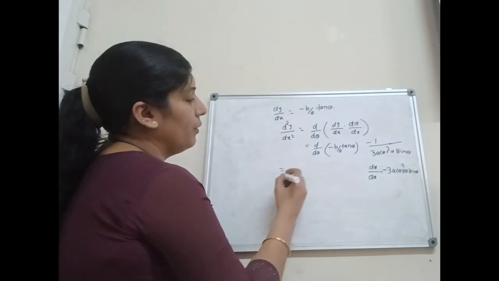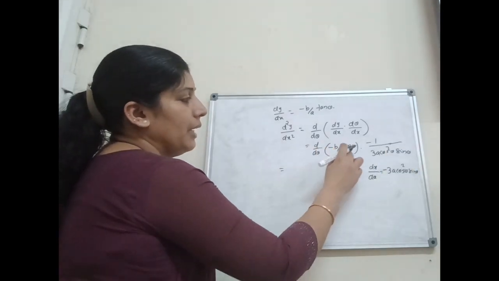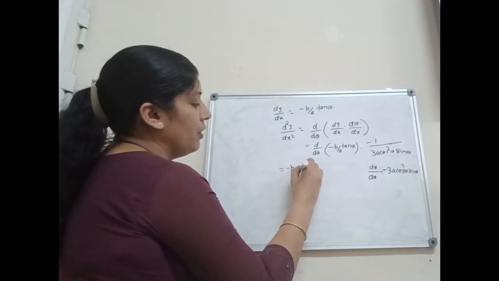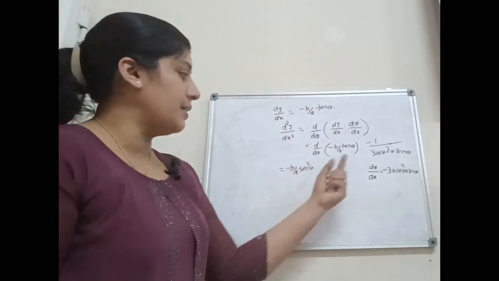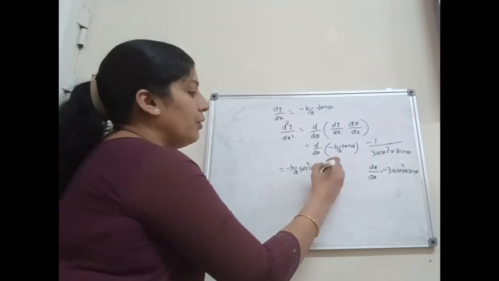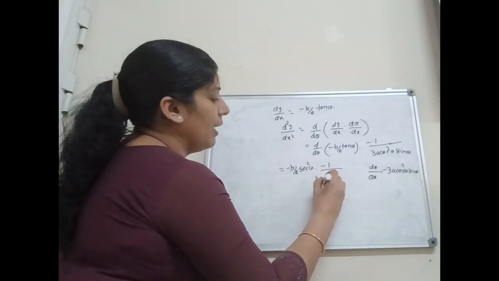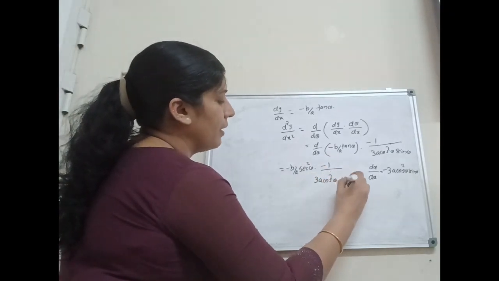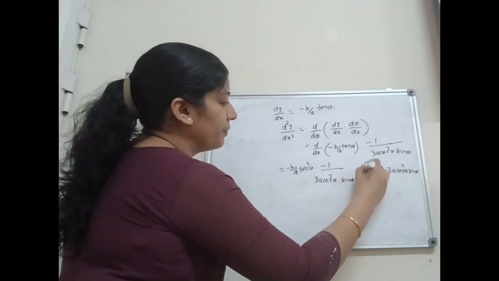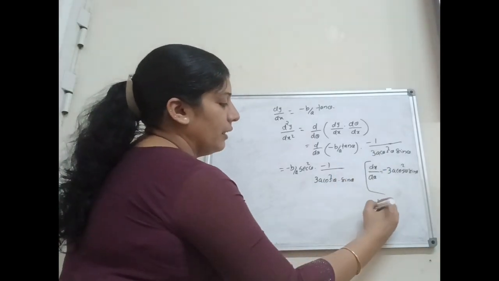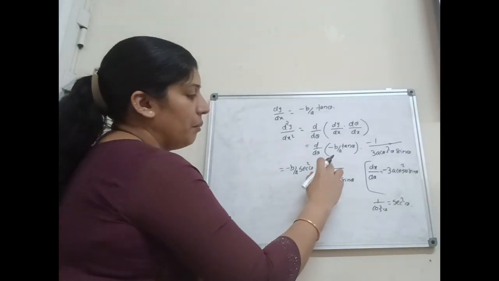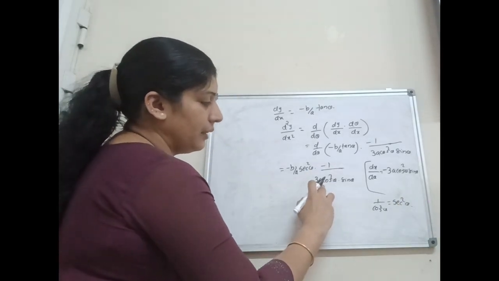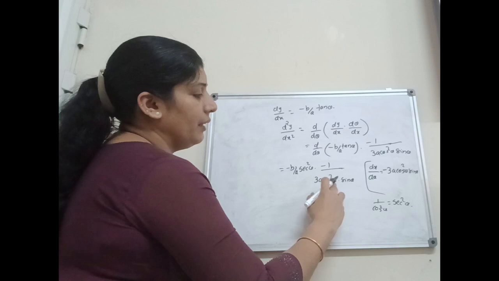Now d by d theta of minus b by a tan theta is minus b by a into sec square theta, since d by d theta of tan theta is sec square theta, into minus 1 by 3a cos square theta sin theta. We know that 1 by cos square theta is equal to sec square theta.